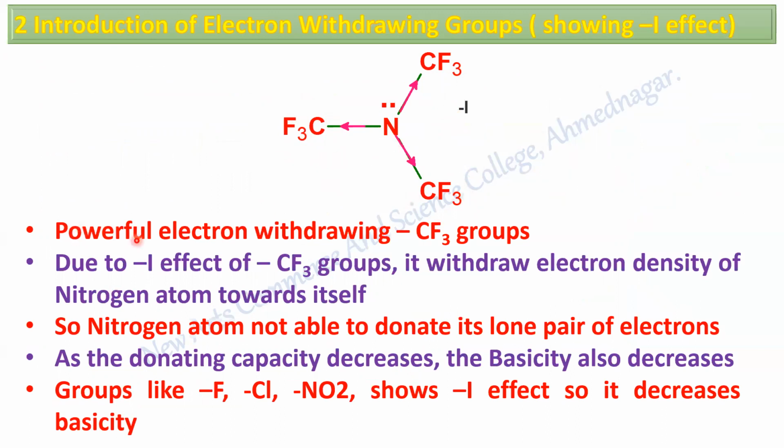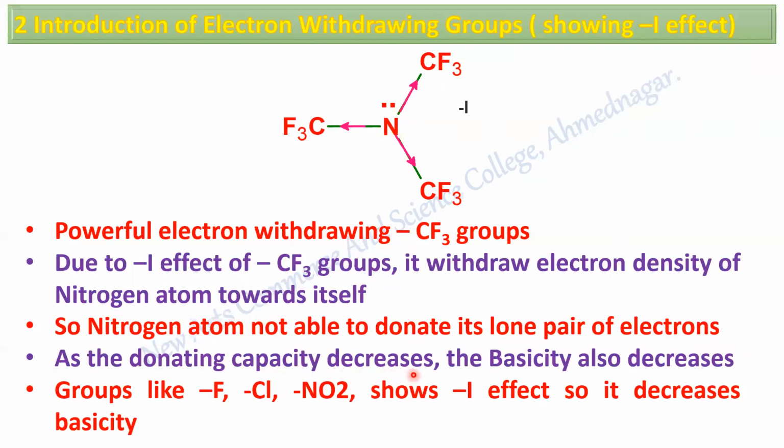So because of that, powerful electron withdrawing CF3 groups are present. Due to the minus I effect of the CF3 group, it withdraws the electron density of the nitrogen atom towards itself. So whatever electron density is there with this nitrogen atom is getting attracted towards the CF3 group. So now there is less electron density on the nitrogen atom. As there is less electron density, the nitrogen atom is not able to donate its lone pair of electrons because these electrons are shifted towards the CF3 group.